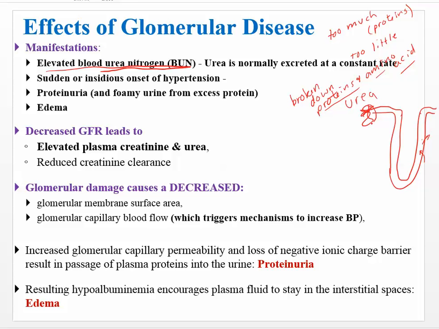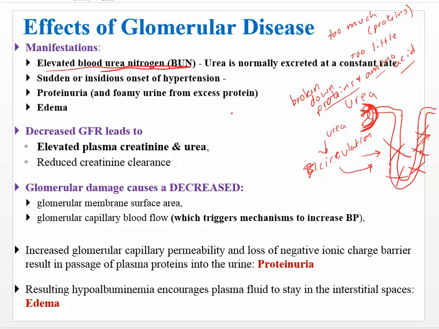So if you have trouble with the glomerulus, then we may see that this urea isn't being handled properly by the nephron, which means that the kidneys aren't doing their job, and so that leaves the urea in circulation. And if it's leaving it in circulation, that's an indication that maybe the kidneys aren't functioning the way they're supposed to. So we may see elevated blood urea nitrogen.